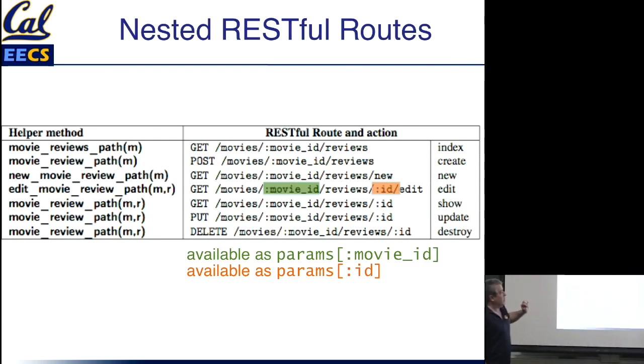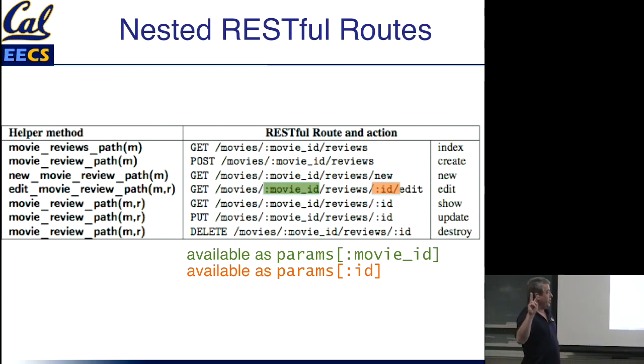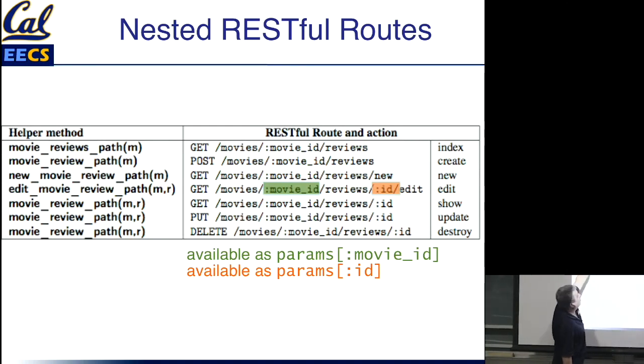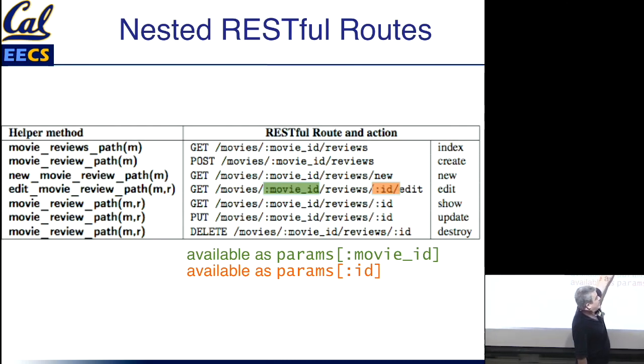So now there are actually two things that come out of the route and are stuck into params for you. In the case of edit_movie_review_path as an example, part of the URI will be the owning movie ID, and part of the URI will be the ID of the primary resource in question, which in this case is a review.